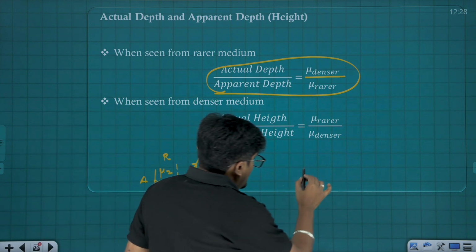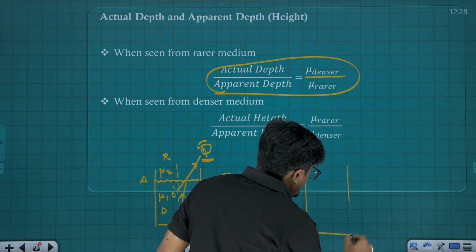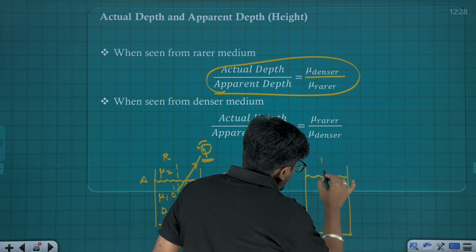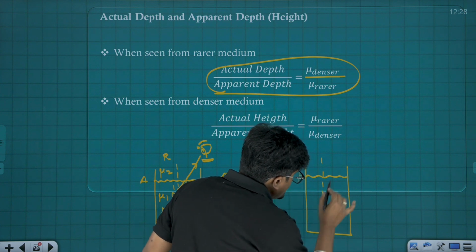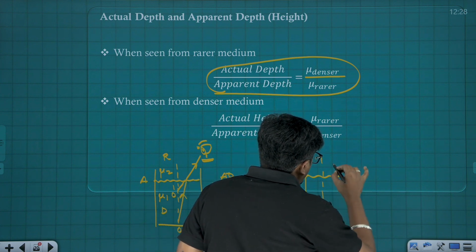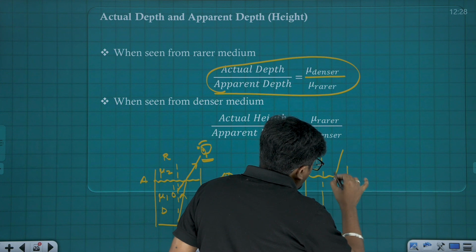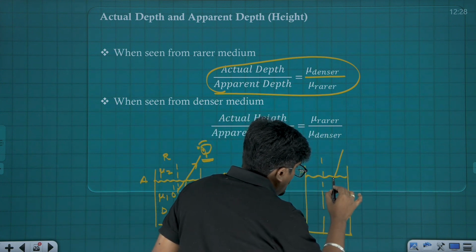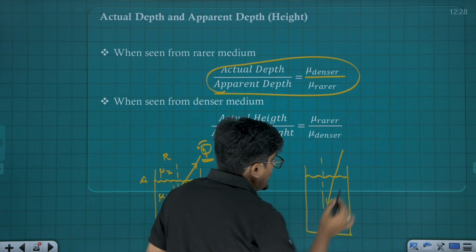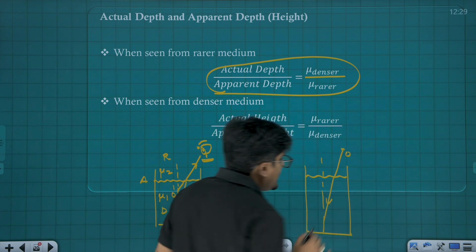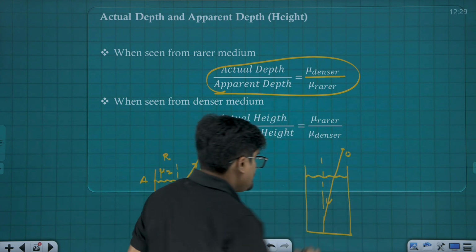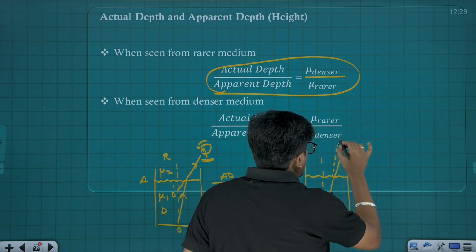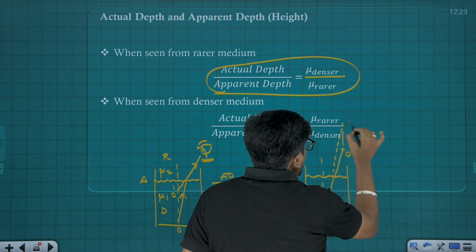And if the case is something like this, this time the observer is somewhere here. Once light travels from rarer to denser medium, it bends towards the normal. So if the light is coming from a point like O, for an observer over here, it seems to be coming from O dash.